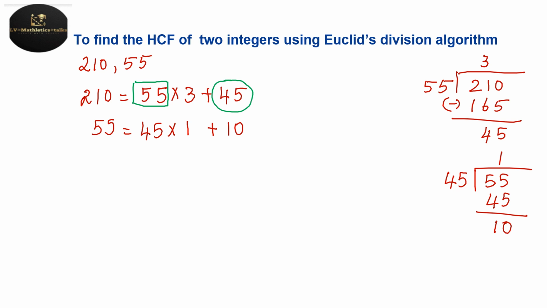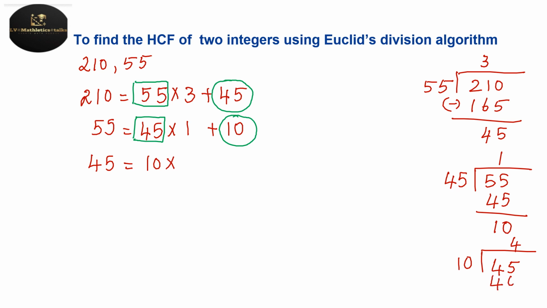Again I consider the divisor 45 and the remainder 10. Now I can write 45 as 10 times what? Dividing 45 by 10, 4 times 10 is 40 and I get a remainder of 5.